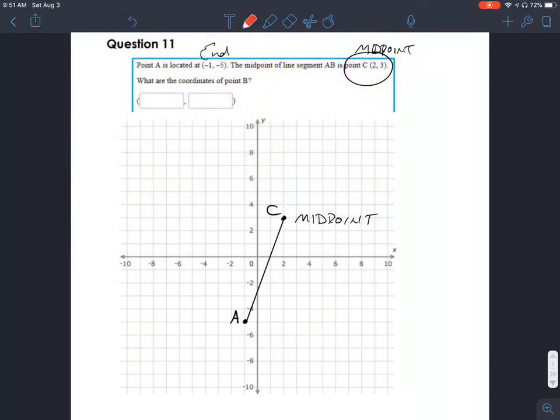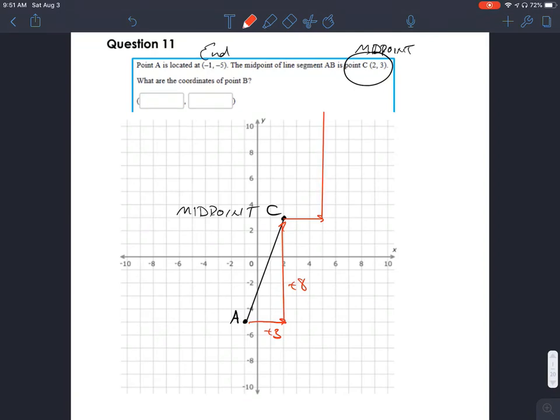From A to C, we go to the right 3, and we go up 1, 2, 3, 4, 5, 6, 7, 8. So if we go to the right 3 of C, 1, 2, 3, and then up 8 again, 1, 2, 3, 4, 5, 6, 7, 8.